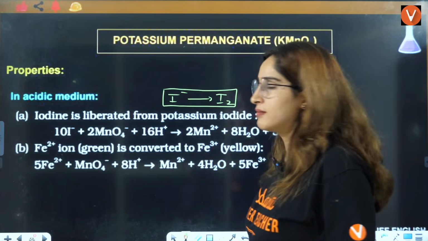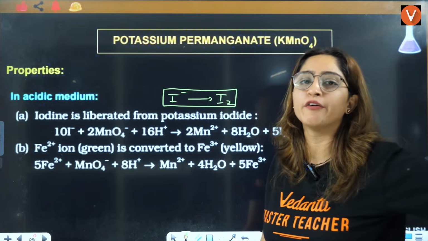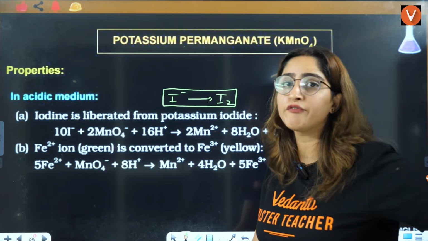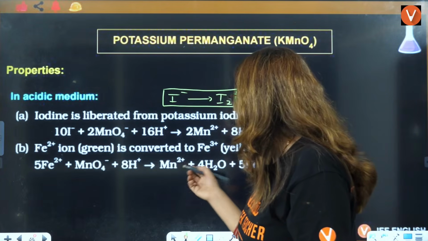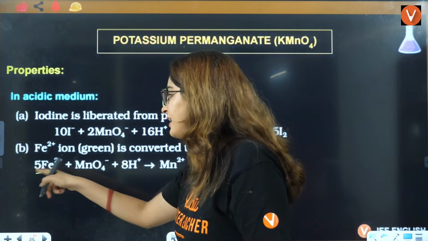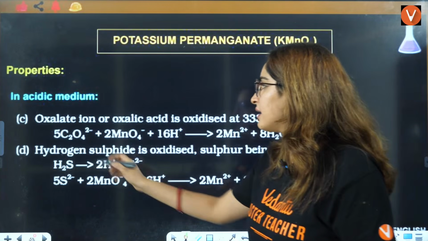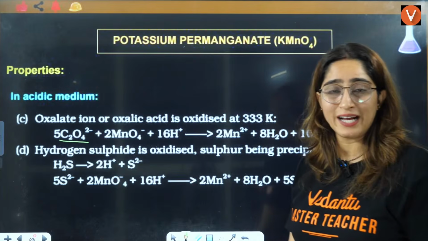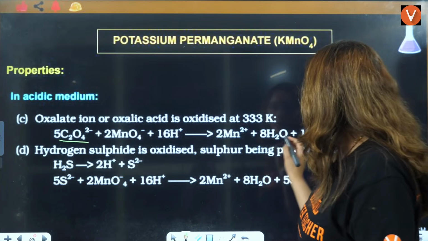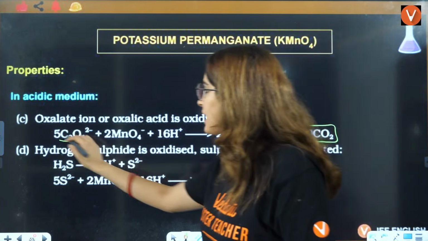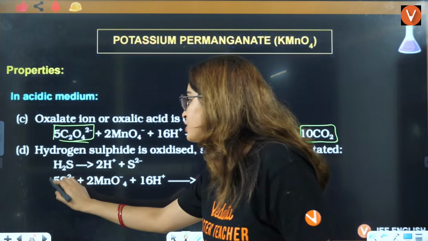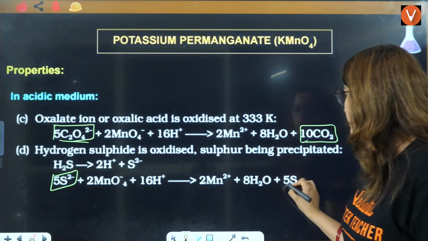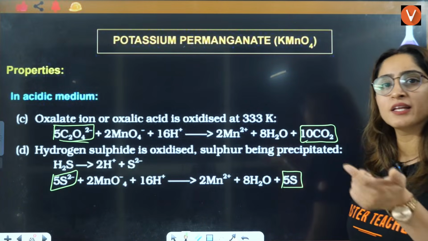But in alkaline medium, it will be different, okay? For now, Fe2 positive will always be oxidized to Fe3 positive, that is not a big deal. Easily it can oxidize. Then C2O4 2 negative, the oxalate ion, is converted to carbon dioxide here. Directly you can see. Hydrogen sulfide, that is S2 negative, is directly converted to sulfur, from -2 to 0.